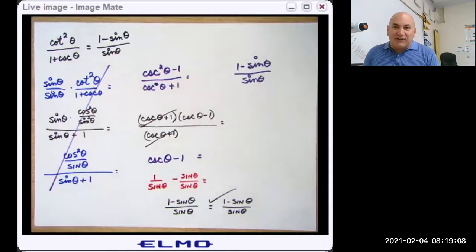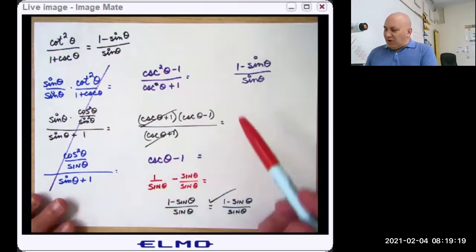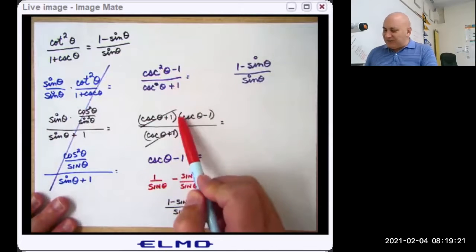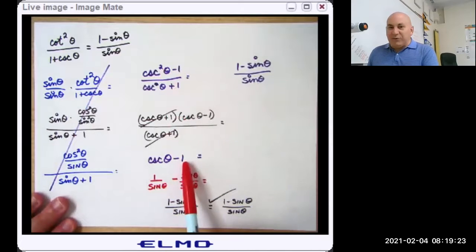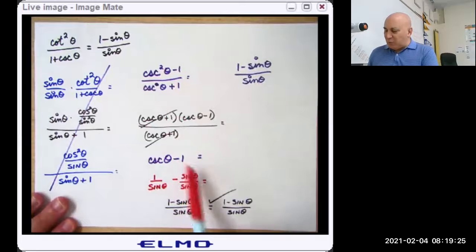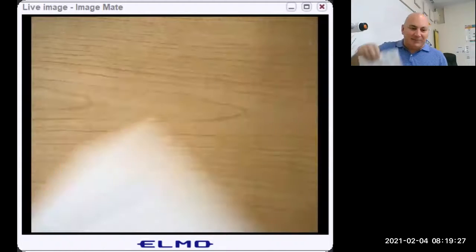In fact, all 6 of our trig functions will appear in one of the 3 Pythagorean identities. Also, the idea of factoring, rewriting expressions as I went from 1 to sine theta over sine theta.